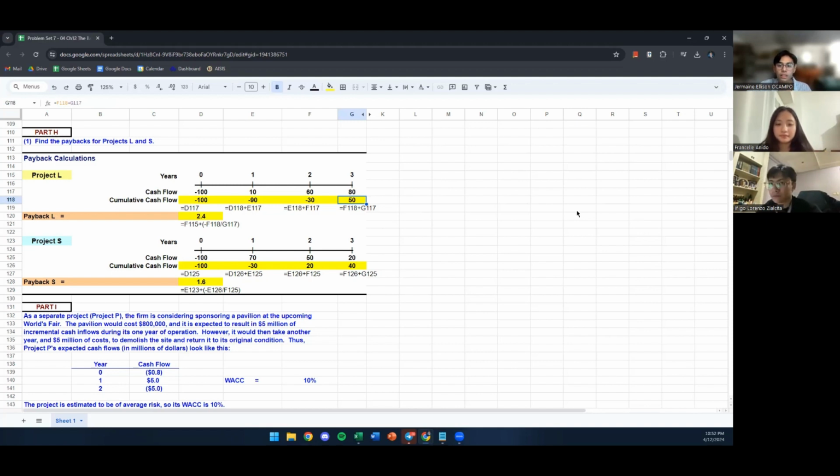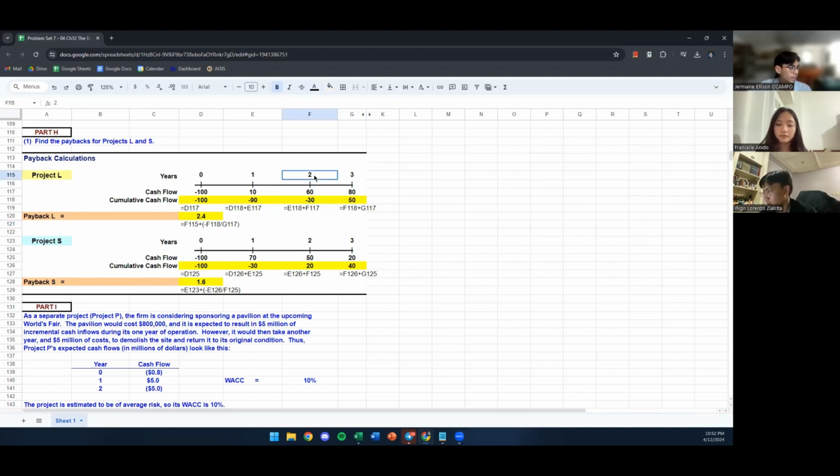We then add the year before the positive cumulative cash flow with the quotient of the cumulative cash flow for the negative year and the cumulative cash flow of the year it became positive. So for simplicity, for project L, we used year 2, since year 3 is the year where the cumulative cash flow became positive, and year 2 was the previous year when it was still negative.